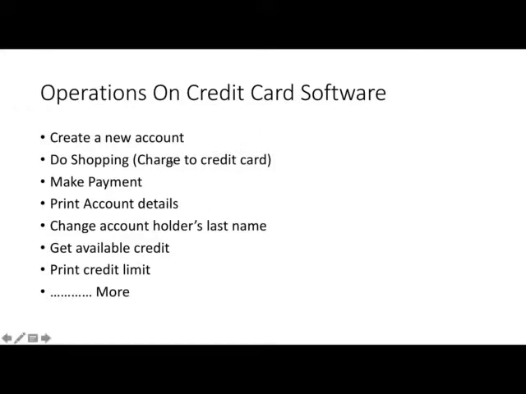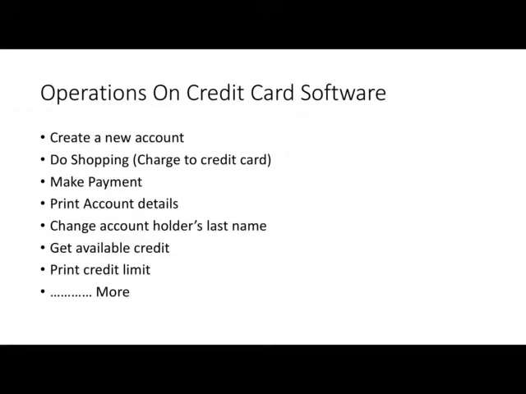When you do shopping, you're going to change the state of the credit card because you are going to be spending money. So amount owed is going to change. When you make a payment, your amount owed will be reduced. When you do shopping, your amount owed will be increased. When you change the account holder's last name, there's a mutation, a change of the state of the credit card object.